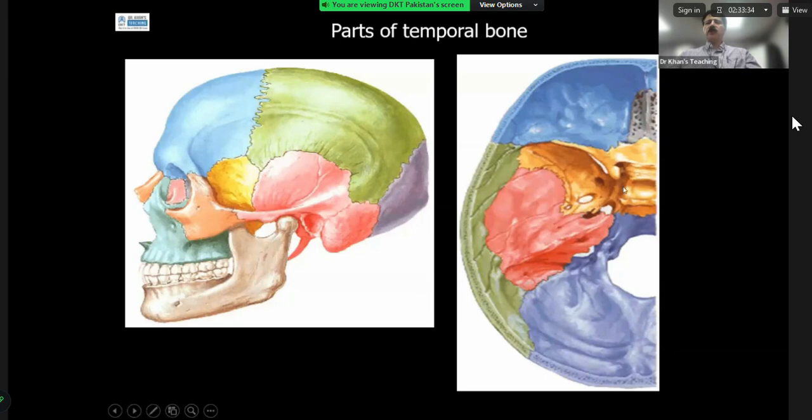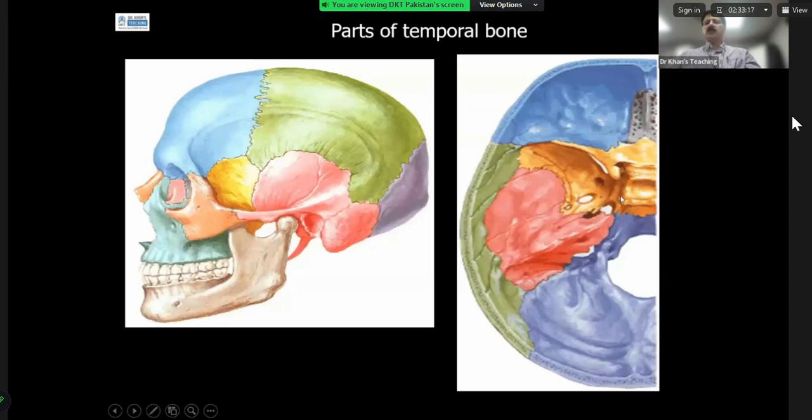Now, the sphenoid bone has various parts. First is the basisphenoid, and we are interested there because this is the portion which touches the petrous apex, and there is a synchondrosis there.